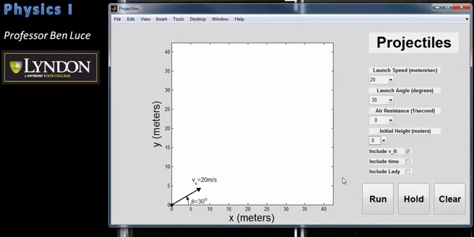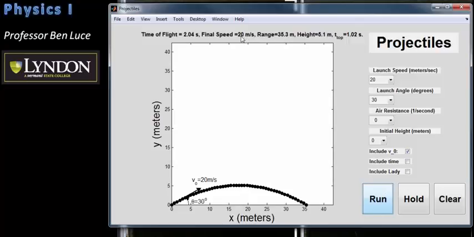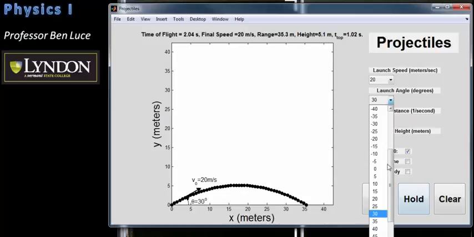So here's our simulator with the same setup that we had for example 1. And let's go ahead and simulate that. Here we obtained a landing speed of 20 meters per second, which was the same as our initial. Now here it seems reasonable just by symmetry that this final speed is the same as the initial speed. So it makes sense that if we change the angle we're going to get the same final speed. But let's hold that trajectory and pick a different angle.